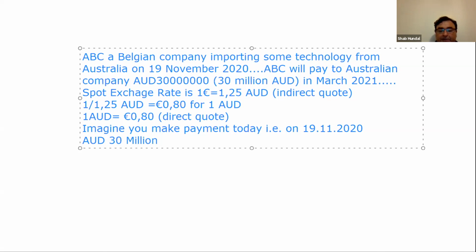And then we multiply it with euro 0.80, and this would be equal to euro 24 million. Straightforward. But this calculation would be in the spot market because I'm buying something today and I'm paying today.